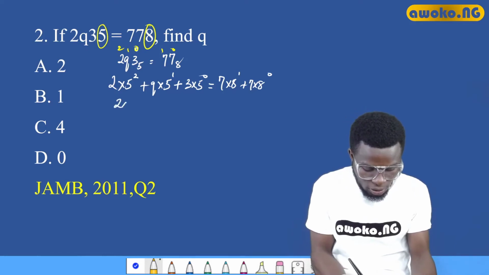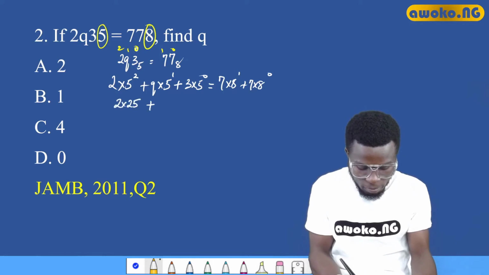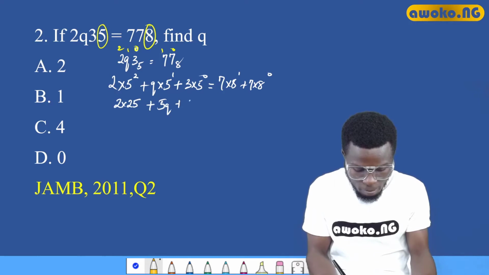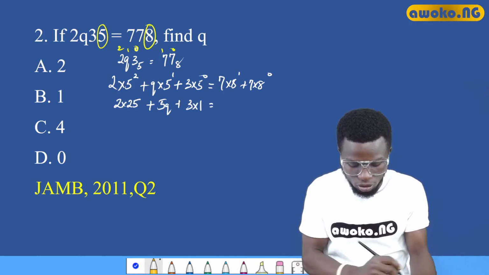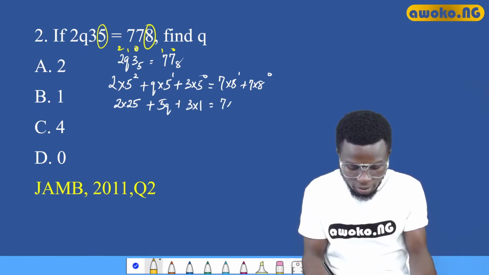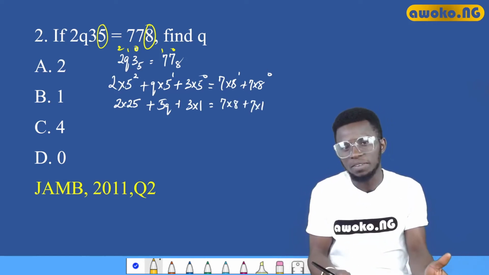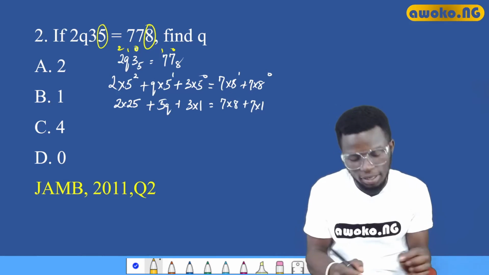This gives us 2 times 25 plus 5q plus 3 times 1, which is equal to 7 times 8 plus 7 times 1. 2 times 25 is 50.